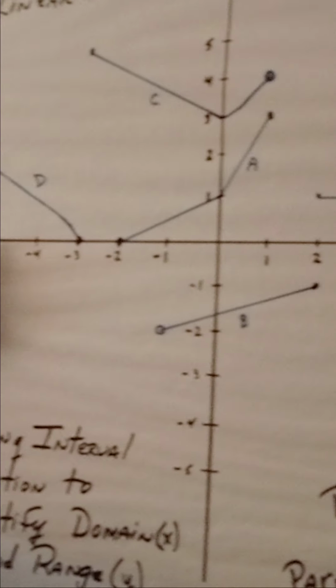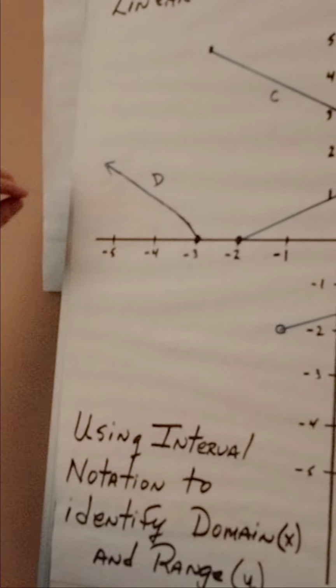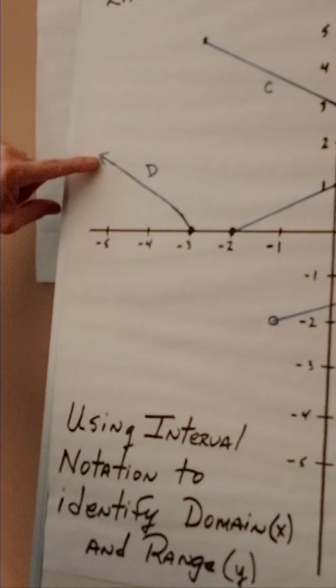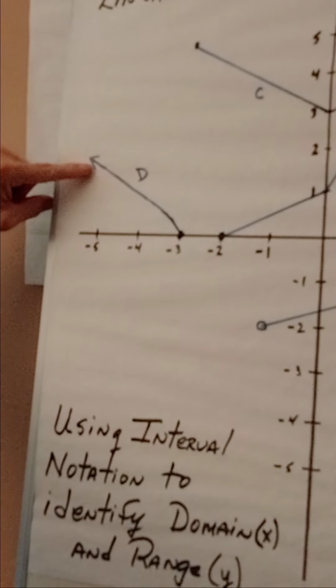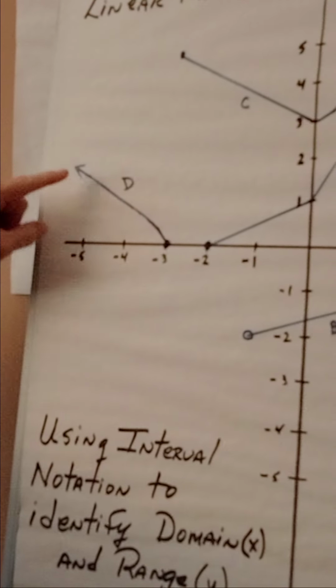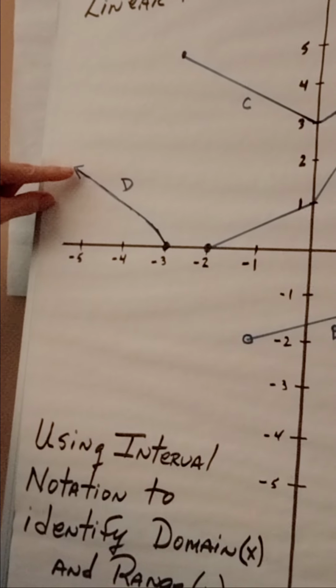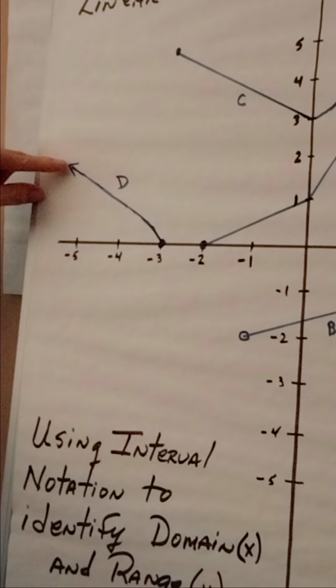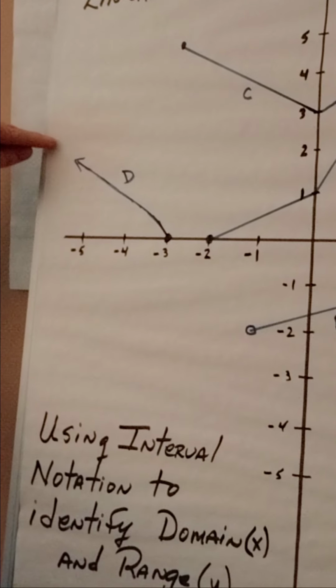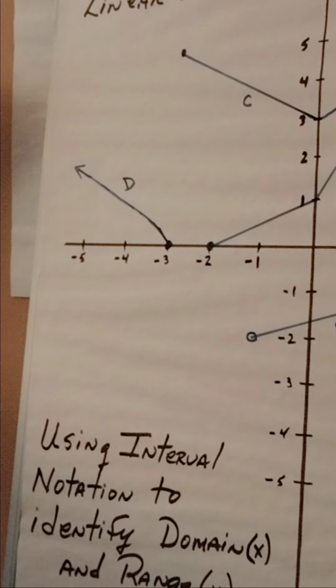And then the third and final little end behavior symbol is an arrow. And you should already know that the arrow indicates that the graph is going to continue to move in the direction that that arrow is pointing, and it will continue to go and go and go and go.